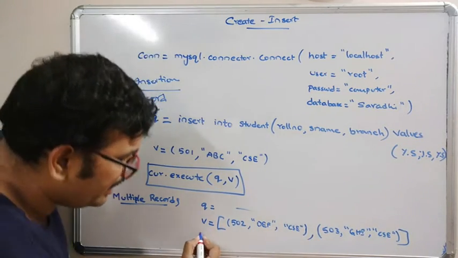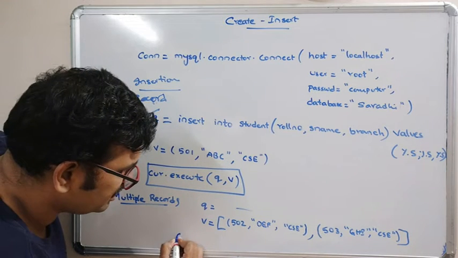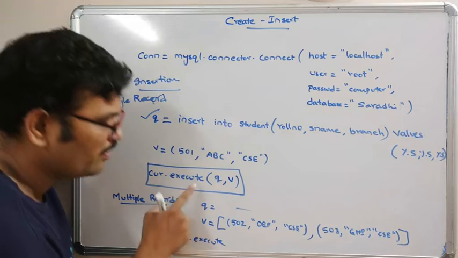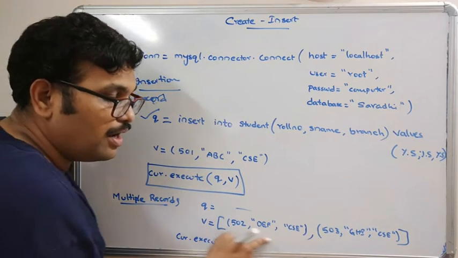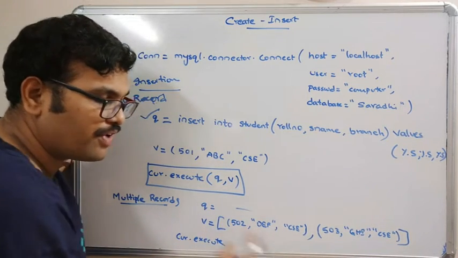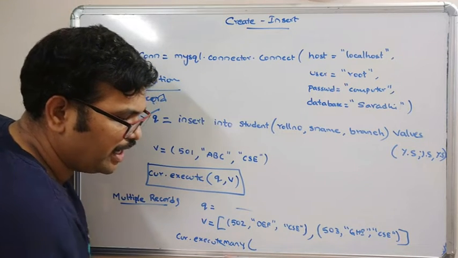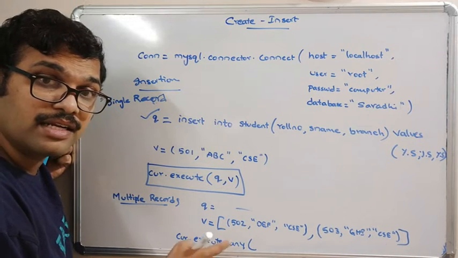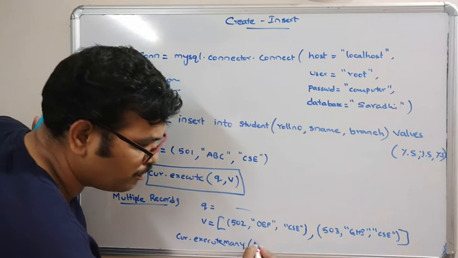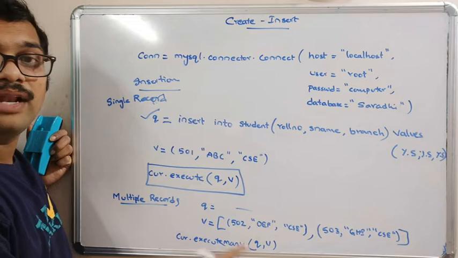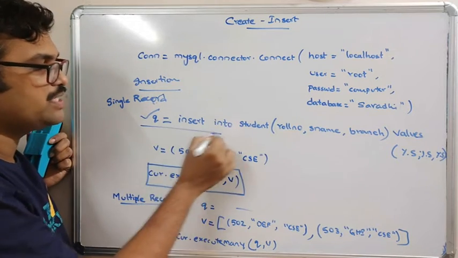Then the same concept, cursor object dot execute, and here we are writing executemany. Here we are trying to insert more records at a time, so we have to go with executemany. So we are inserting many records at a time. Executemany, give the query and a value. Once again I am saying the query is common.